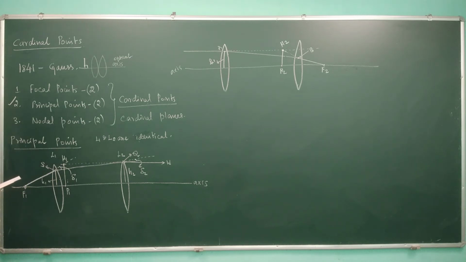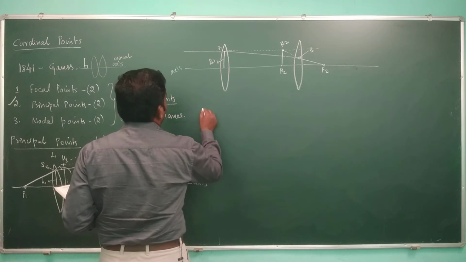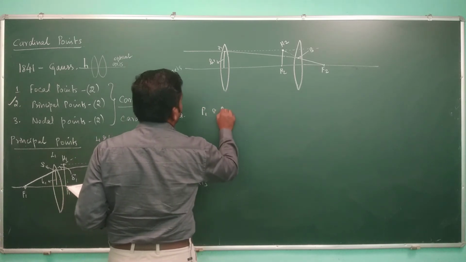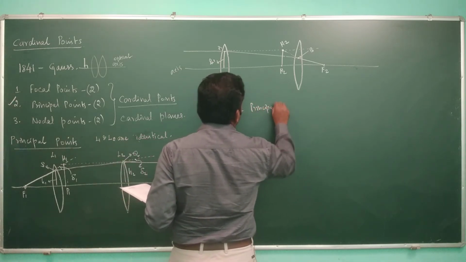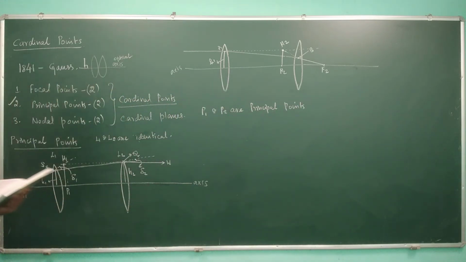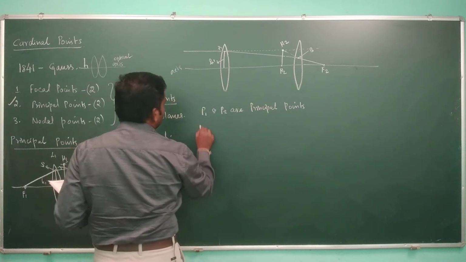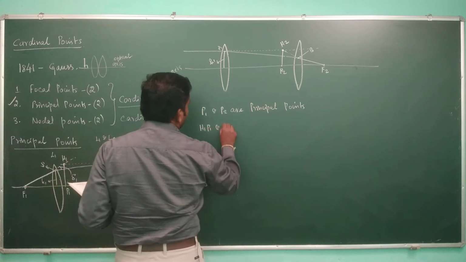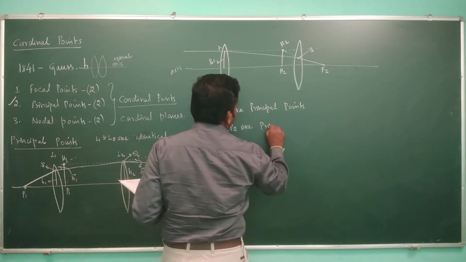Now, P1 and P2 are called principal points. And the perpendicular lines from H1 to the optical axis and H2 to the optical axis, that is H1P1 and H2P2, are called principal planes.